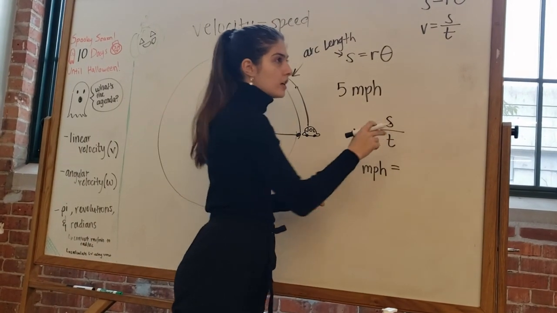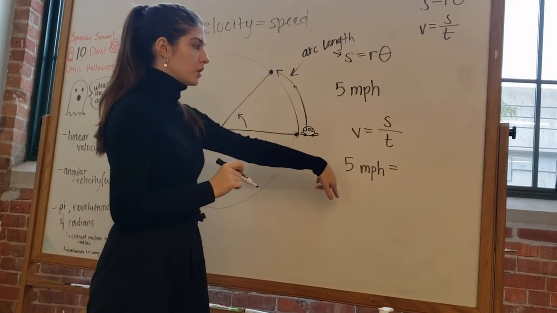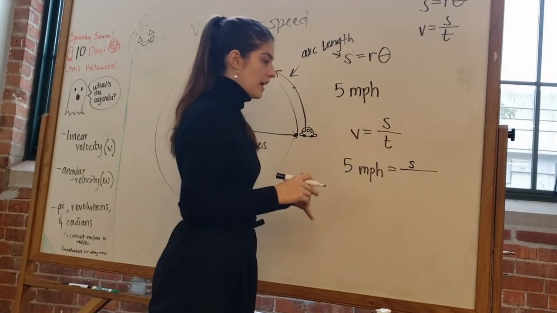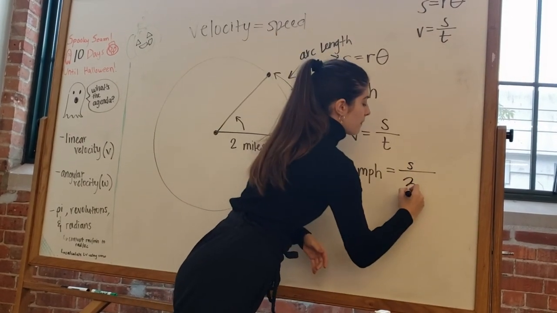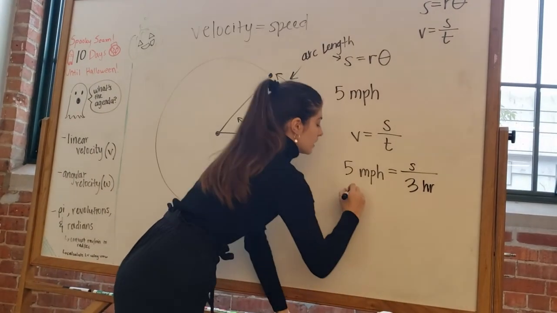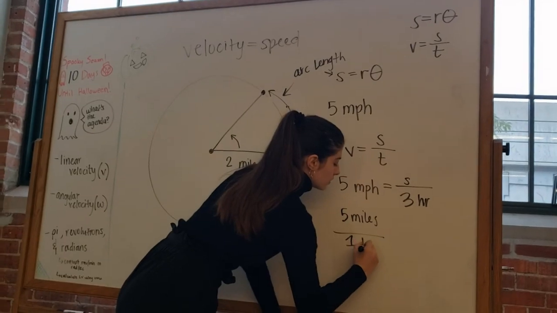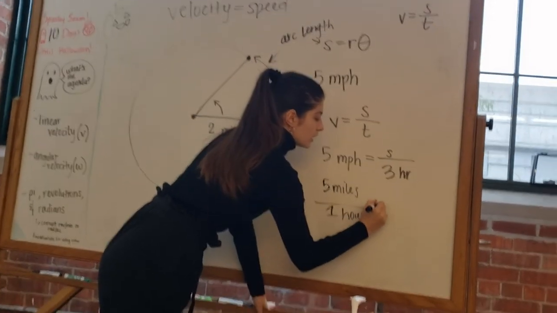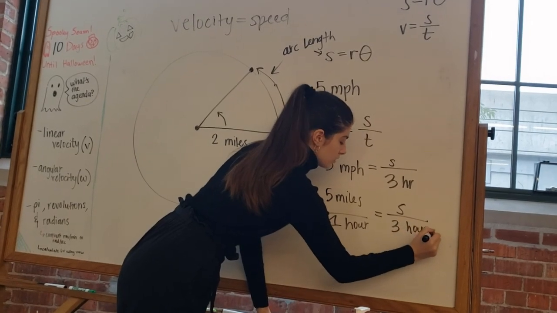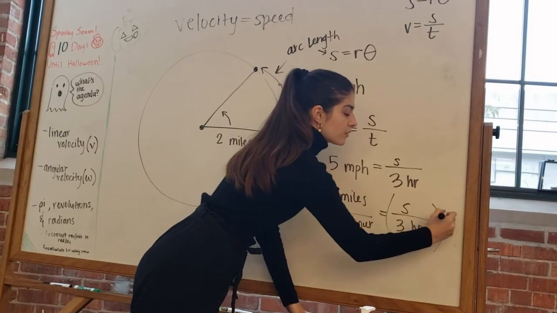Your linear speed equals your arc length divided by your time. So the arc length is the distance, so we're trying to find that after 3 hours. Another way we can write miles per hour is 5 miles per 1 hour equals S over 3 hours. We're going to multiply both sides by 3 hours.